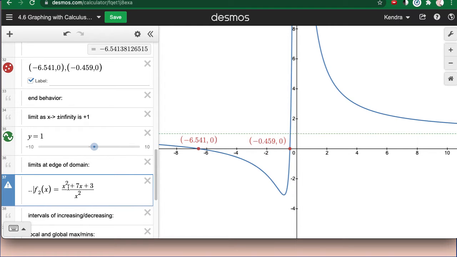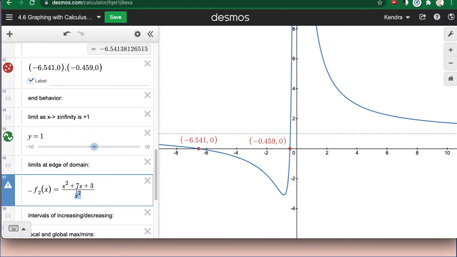As x gets close to 0, the numerator gets very close to 3 because these terms go to 0. So the numerator is going to be a positive number eventually, when x is close enough to 0. The denominator is always going to be a positive number because of that square.